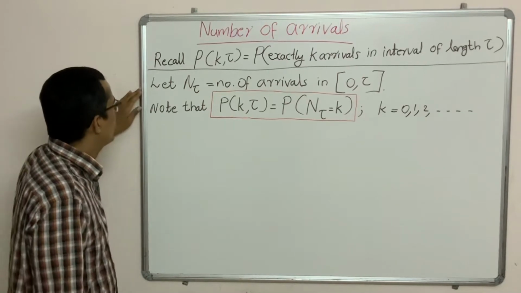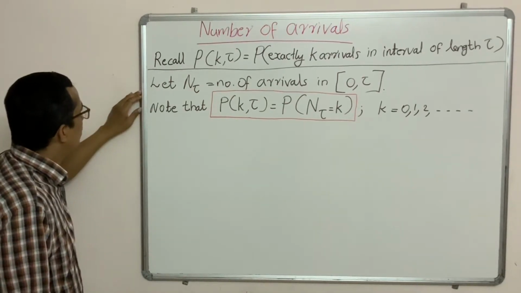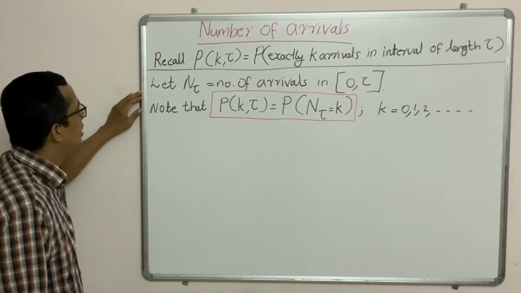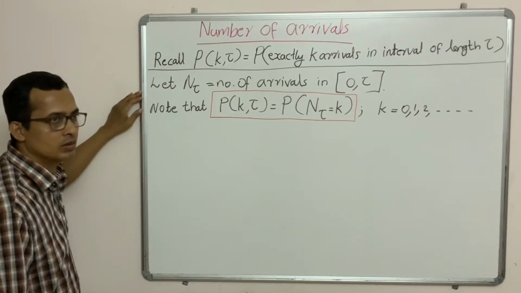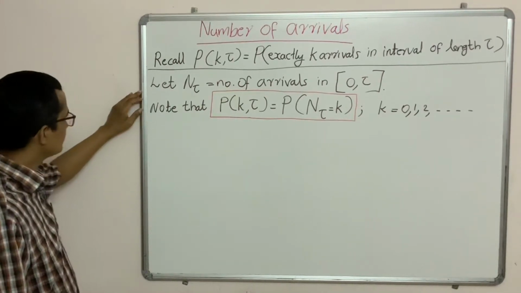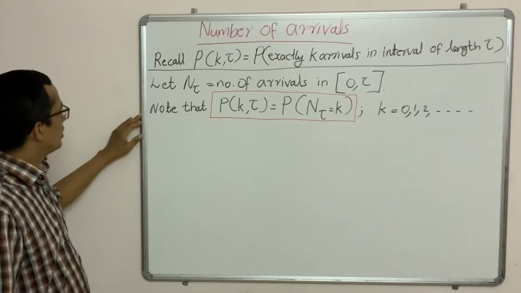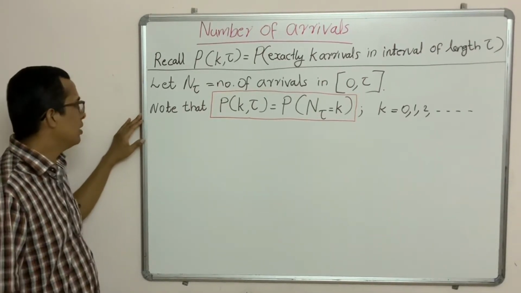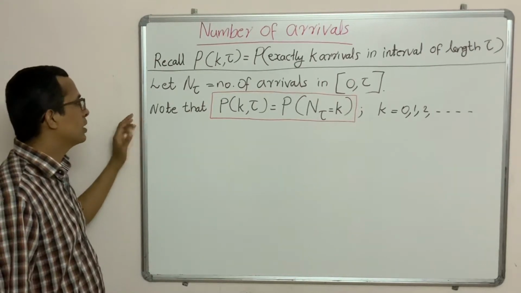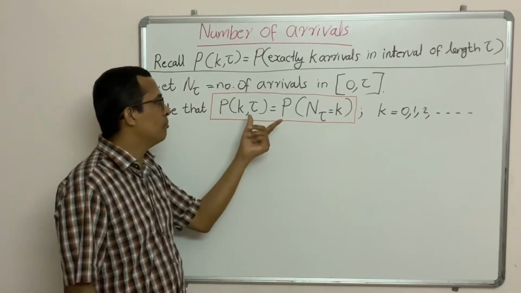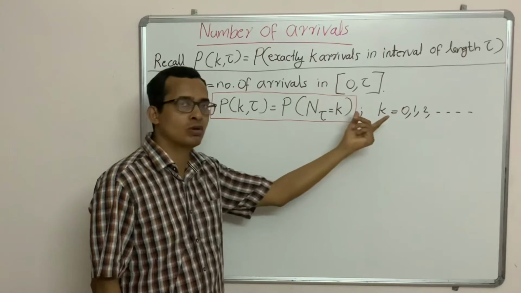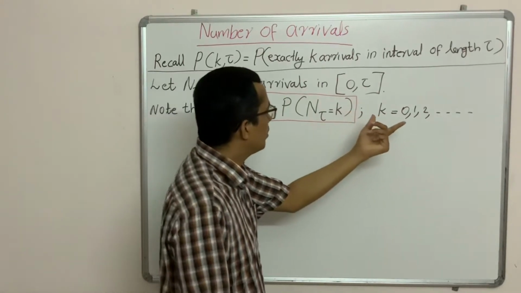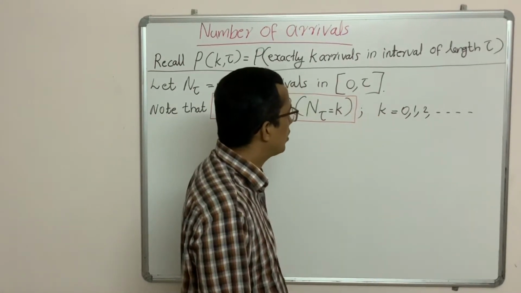So this was our notation. Actually, this probability p_k(tau) can be written in an equivalent way, which will be helpful for us. For that, you define N_tau, where tau is any positive number. N_tau is a random variable, which is nothing but the number of arrivals in the interval 0 to tau. Instead of the interval 0 to tau, suppose you take the interval tau to 2 tau.